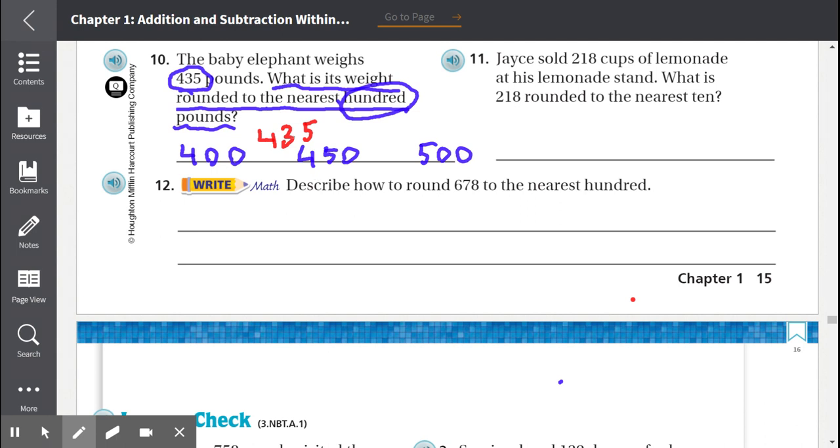So that means 435 is closest to 400 because we're rounding to the nearest 100. So we focus on the 100. So 435 is closer to 400. So 435 rounds to 400 when rounding to the nearest 100.